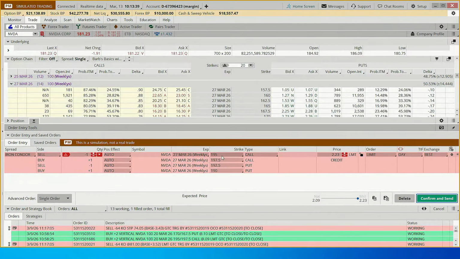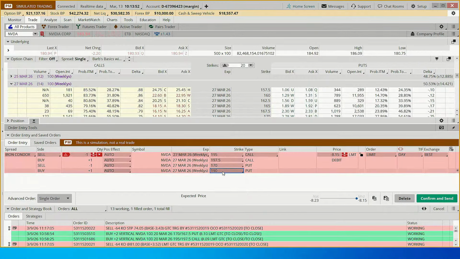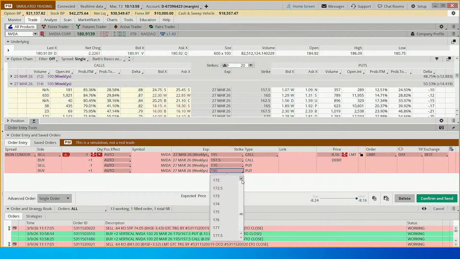This is $2.50 wide. But on the bottom, I don't want the 192.50. I want it to be that same strike, the 170. So I'm going to come down and make this 170 and then 167.50.